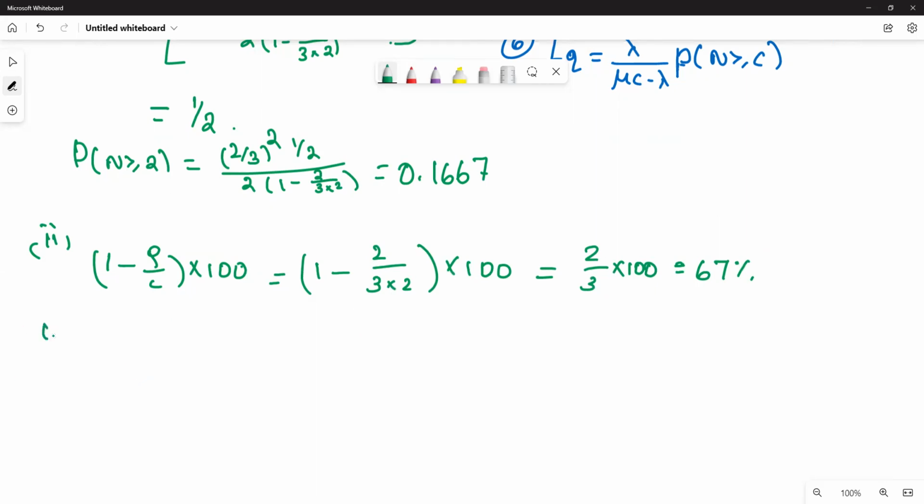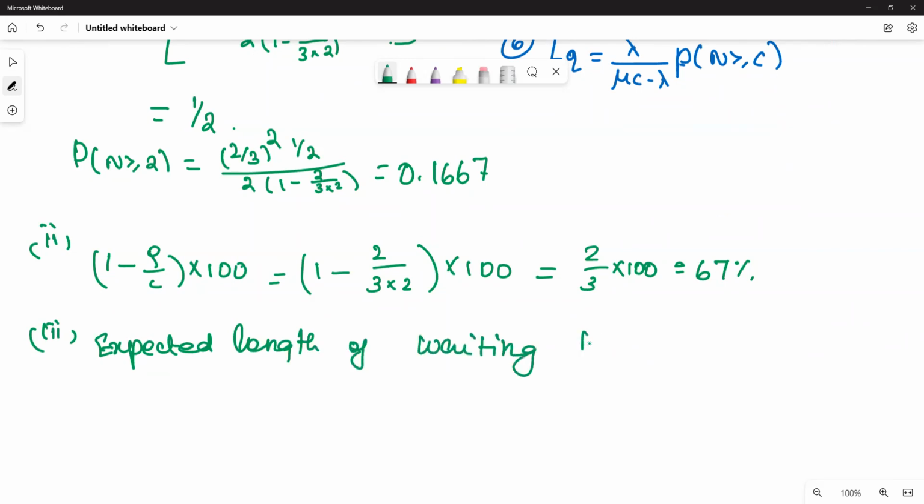Next, the third subdivision: if a customer has to wait, what is the expected length of waiting time? In the multi-server infinite capacity model, the expected length of waiting time is given by the formula 1 by (mu c minus lambda). What is mu here? 1 by 4.